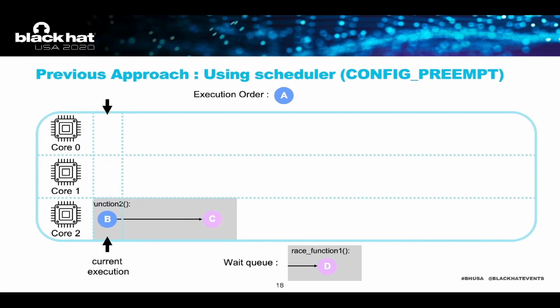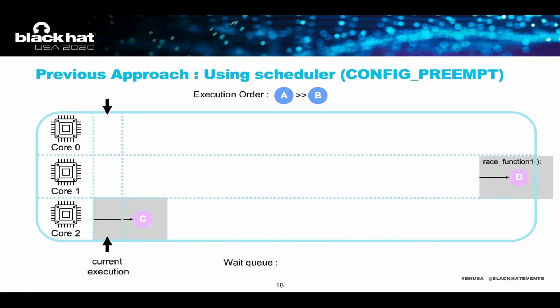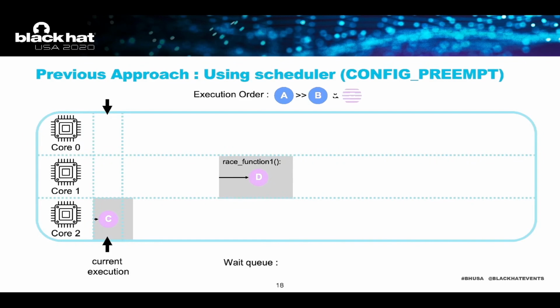Meanwhile, the instructions B and C are executed in core 2. By the time the instructions B and C are executed in core 2, core 1 finishes the thread that core 0 originally requested. It resumes the thread in the wait queue, hence executing the instruction D.